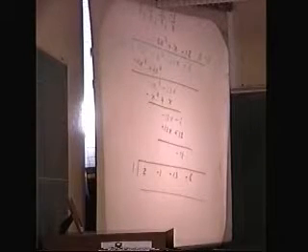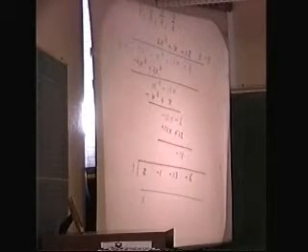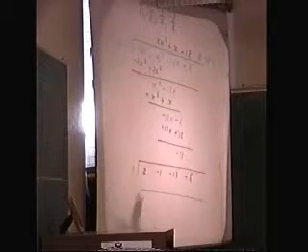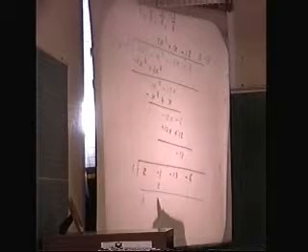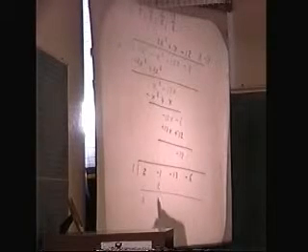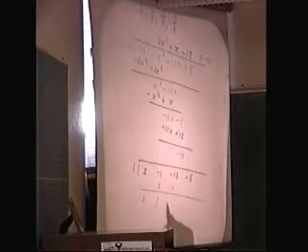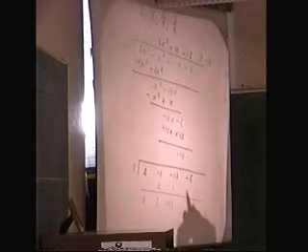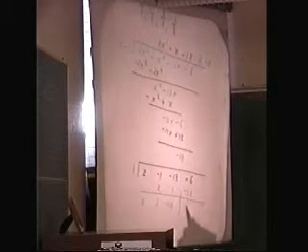I bring down my 2. Now, I multiply, add, multiply, add, multiply, add. It's always the same technique. I take 1 times 2 and add. Negative 1 plus 2 is 1. Multiply, add. Negative 4. Multiply, multiply, negative 18, and add.